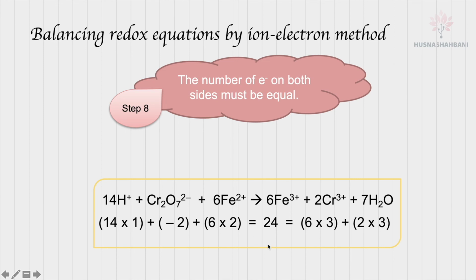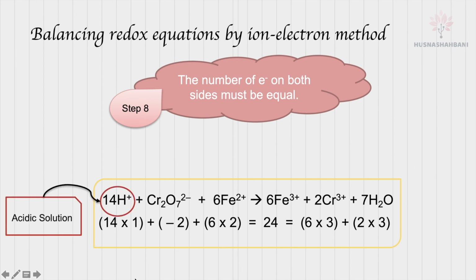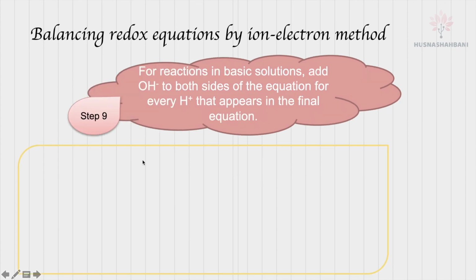This is how you check whether your answer is correct, by balancing the charge for everything at the reactant side and the charge on the product side. When you look at this, if this is H plus, we know that this equation is an acidic solution because it has H plus in it. Okay, this is acidic solution.